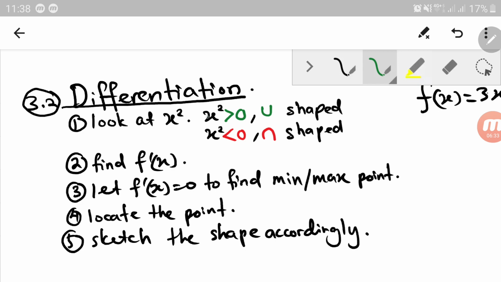For example, if it's a smiley shape, then we expect a minimum point, while if it's a frowny shape, then it's a maximum point. After we get the point, we locate where the point is, and then we sketch accordingly.